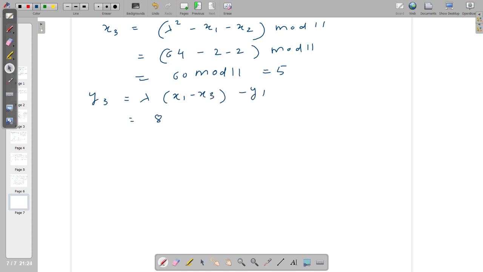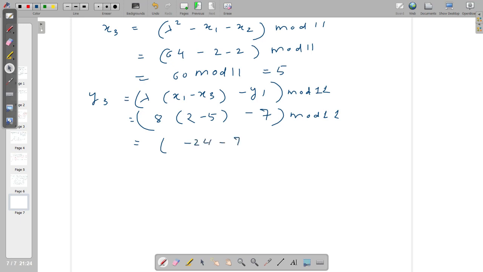So it will be 8 times (2 minus 5) minus 7, and whole mod 11. All the operations are mod 11, mod p, so p here is 11. So it is minus 24 minus 7, which comes out to be minus 31, and it comes out to be 2 mod 11. So y3 is equal to 2.